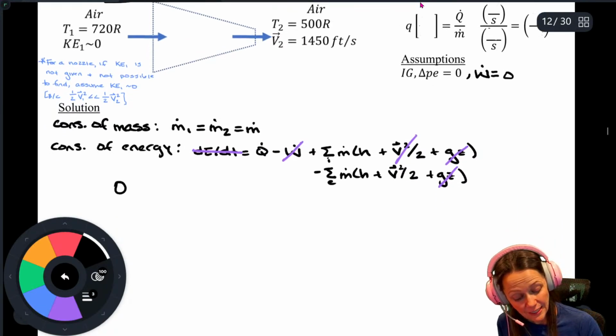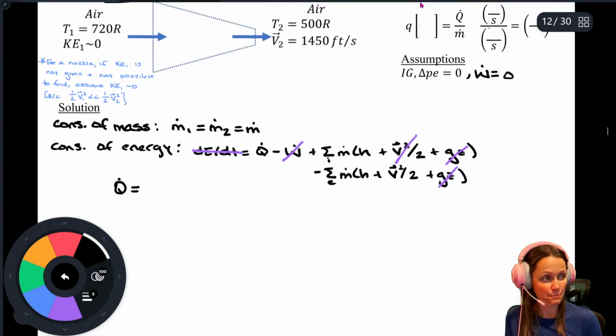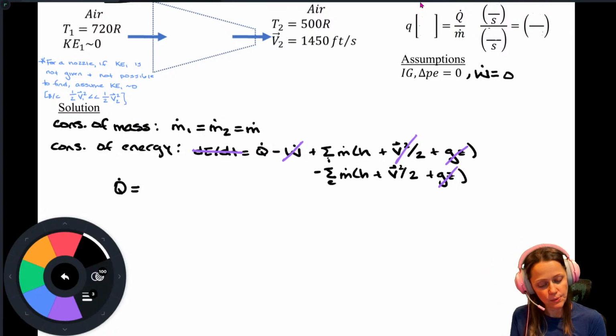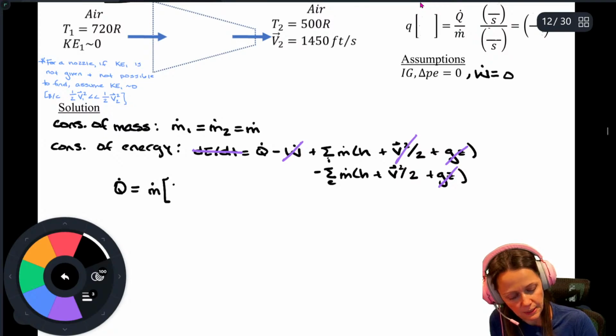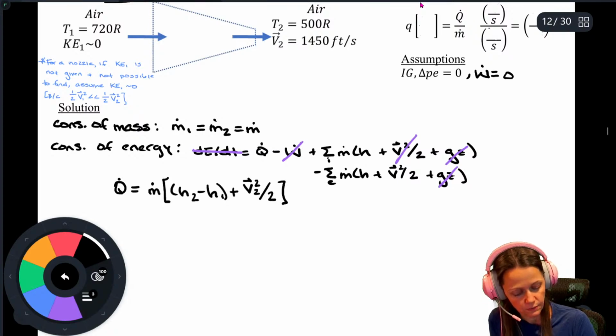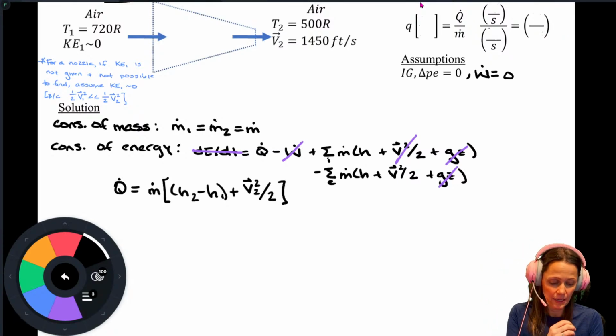So our Q dot is going to be the stuff going out minus the stuff going in. So it's m dot times H2 minus H1 plus V2 squared divided by 2.